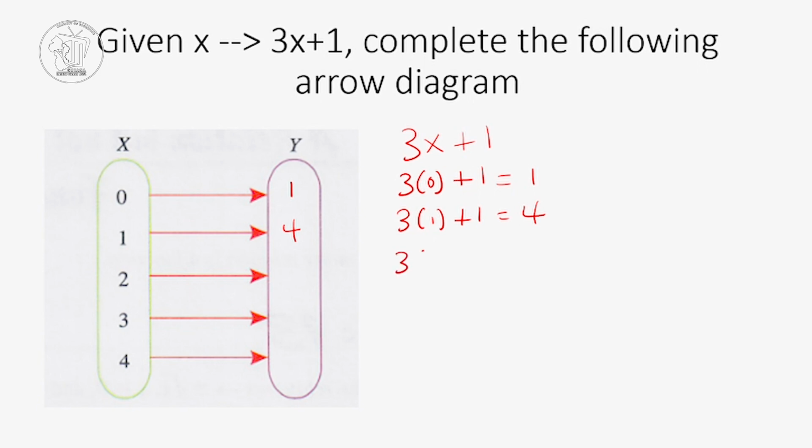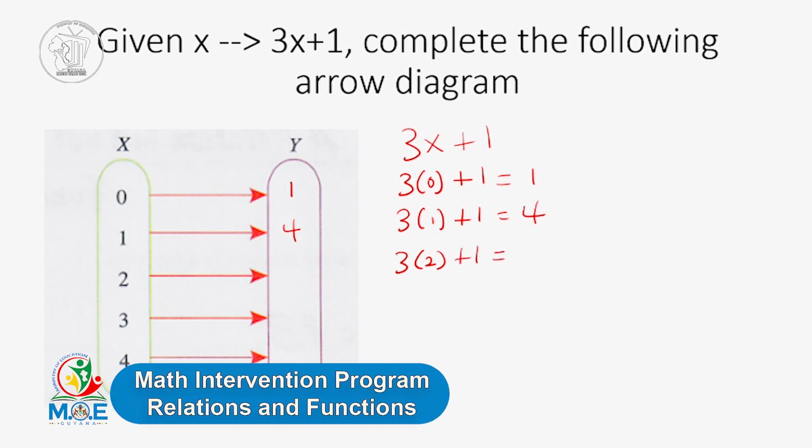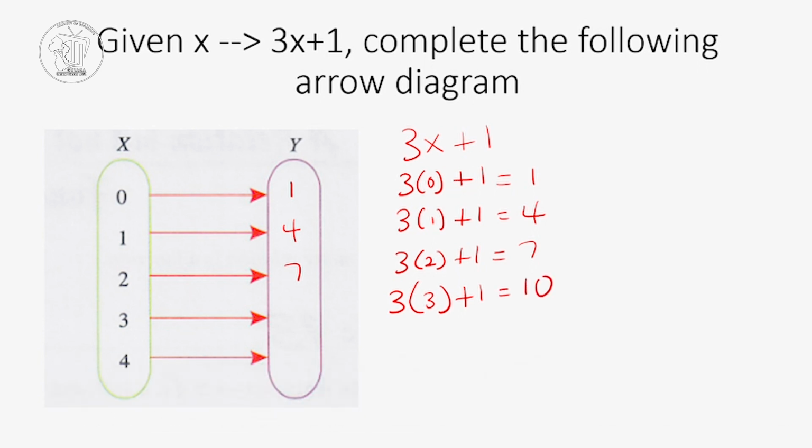This will be 3 multiplied by 2 plus 1, would be equal to 3 times 2 is 6. 6 plus 1 would be 7. So the 2 will be mapped onto 7. The next one, we have 3. This will be 3 multiplied by 3 plus 1, would be 3 times 3 is 9. 9 plus 1 would be 10. So 3 will be mapped onto 10.